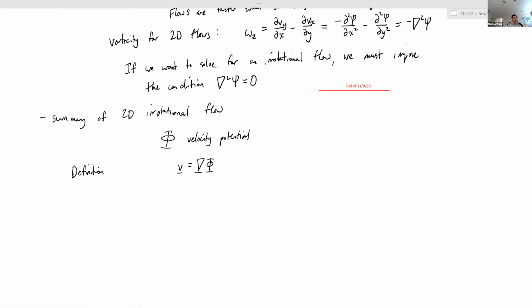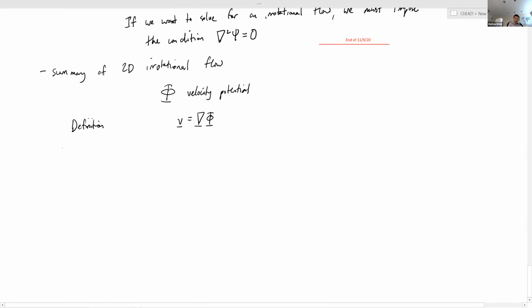The reason we select the velocity potential to give you this definition is because this definition automatically satisfies this condition by identity, that the curl of the velocity field is going to be equal to 0. This gives us an irrotational flow. Of course that's relevant because, as we kept mentioning, inviscid flows are the same as irrotational flows.